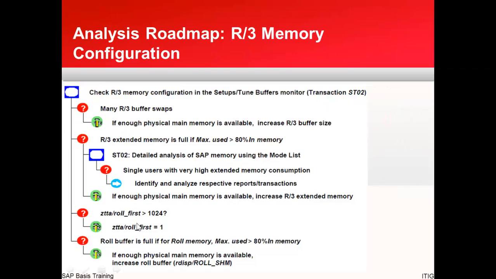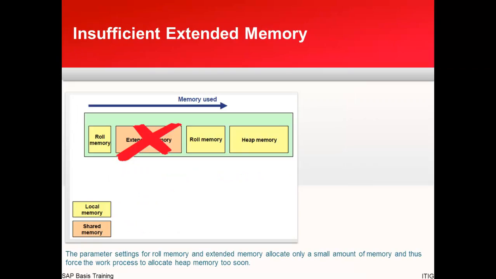Now the ST03 transaction, basically it's the analysis roadmap. Okay, so let's get into the next one. Here you can see insufficient extended memory. The parameter setting for role memory and extended memory allocates only a small amount of memory and thus forces the work process to allocate heap memory too soon.